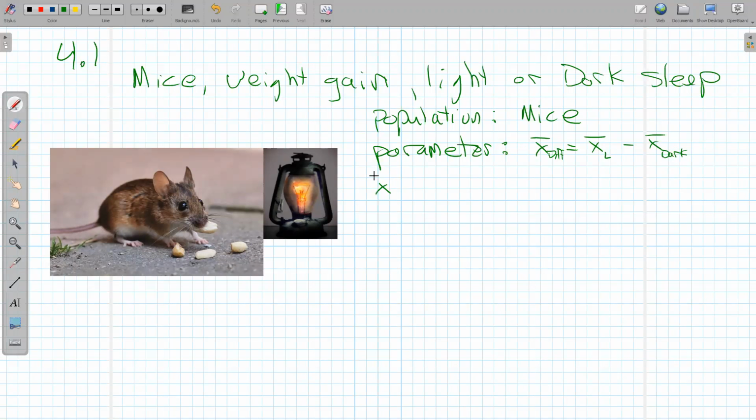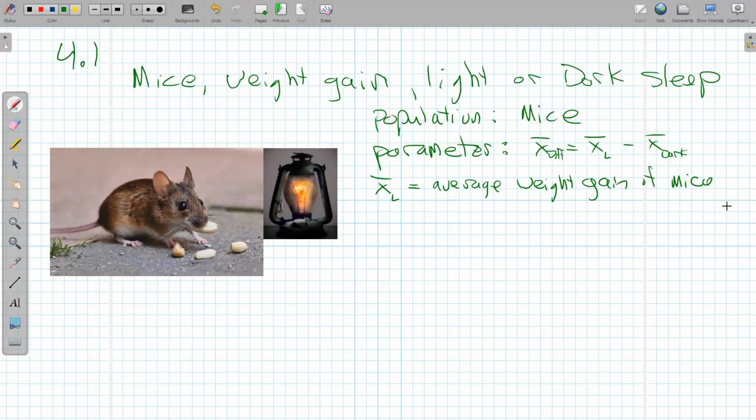So X bar L is the average weight gain, and it is really important that we look at a problem and define what's the population and what does each variable mean. Otherwise, we have no idea what's going on.